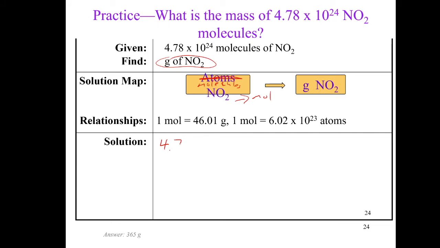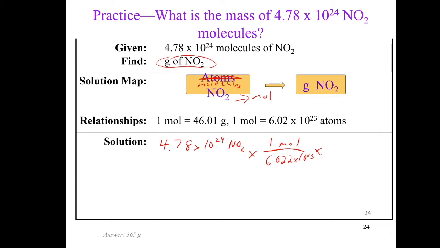Once again, you always start with what they give you. I'm just going to write it as NO2. It's implied that it's the molecule because it's covalently bonded. I want to go from molecules to moles, so now I'm going to put moles on top. And I need to use Avogadro's number. 6.02 would work, but I might use 6.022 because that's what we've been using on the other slides.